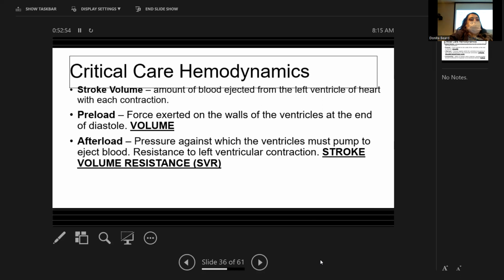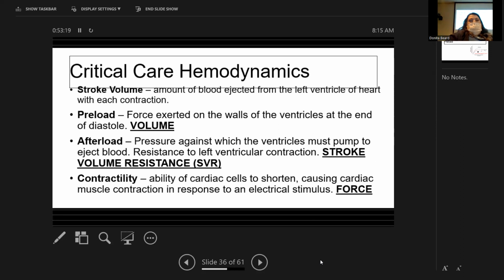With patients that have Impellas or Swans, heart failure, you'll be thinking about their systemic vascular resistance, because if their resistance is high, then you can use vasodilators, ACE inhibitors, hydralazine, Nipride, all kinds of things to try to reduce their afterload, to help flow out of the heart. And then contractility is the force, how much muscle contraction is happening in a beat.